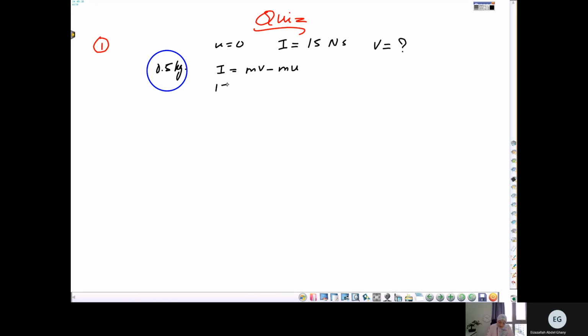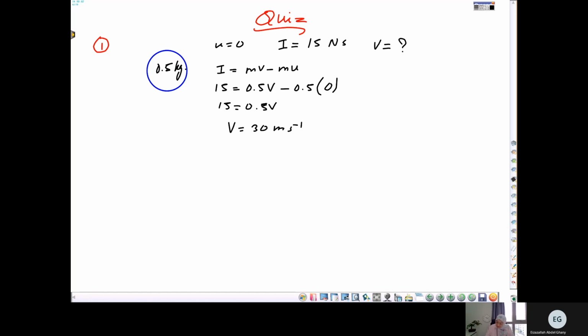I is 15, and mv is 0.5, no conversion, it's in kilograms, thank God, times v, which we don't know, minus the same m, 0.5, times u, which is 0. Then 15 equals 0.5 v. If you divide both sides by a half, meaning you multiply by 2, the velocity will be 30 meters per second.